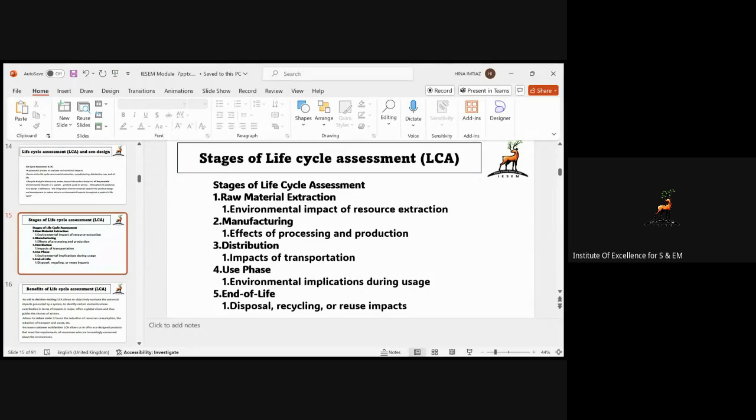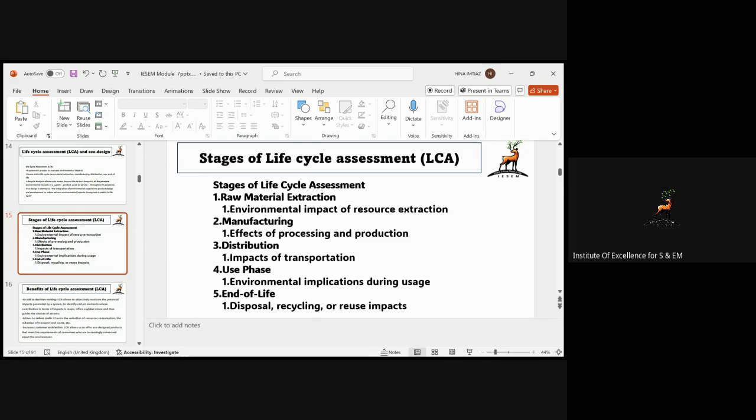In the use phase, you have to see whether they are implementing environmental protection strategies or not. And if that product is used by the people, is the packaging recyclable or not, is it reusable or not, is its disposal difficult or not, will it take 10 years to decompose, or will it take 200 years to decompose?